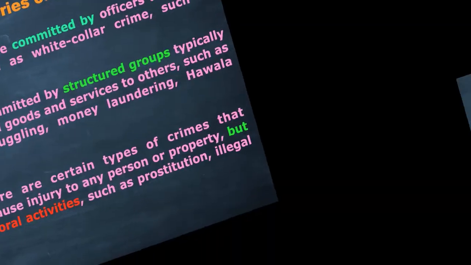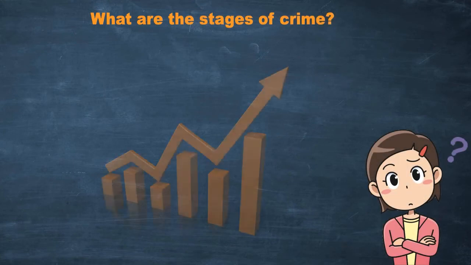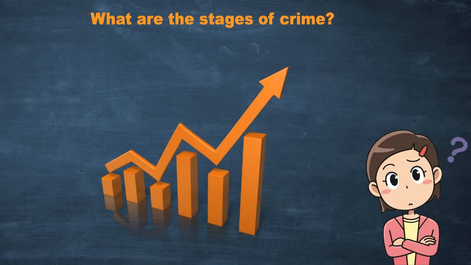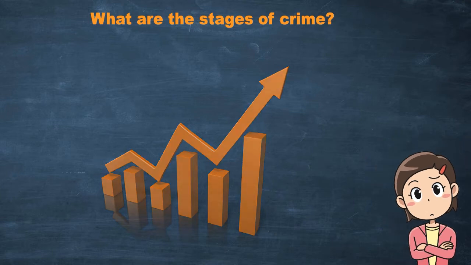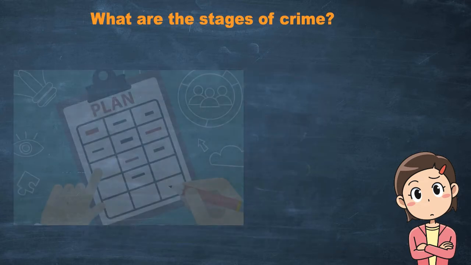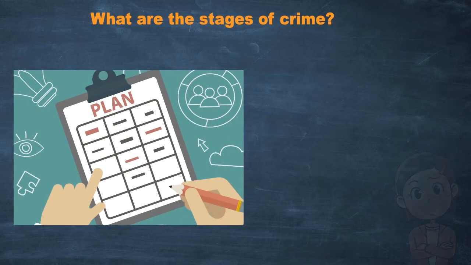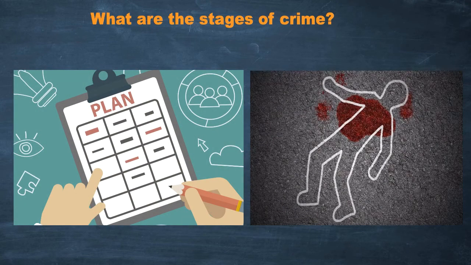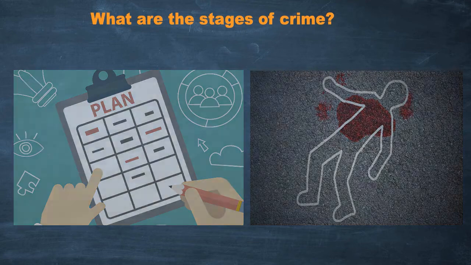Now, the next topic is the stages of crime. Though some crimes are instantaneous, for which no planning is done, largely the crime is planned and then executed, and it has the following four stages.